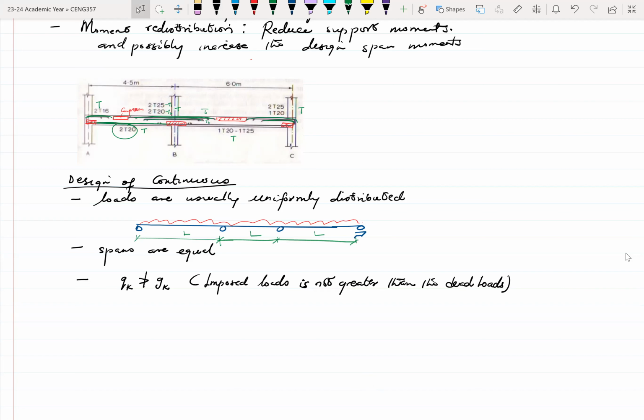So if you have a structure that's able to satisfy all three conditions, then your analysis, all of this is just to help us to do simplified analysis. Assuming that your loads are not uniformly distributed, assuming that the spans are not equal, or maybe imposed load is more than dead loads, then you have to do proper analysis of the beam.